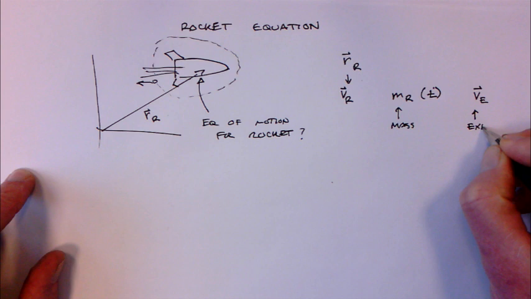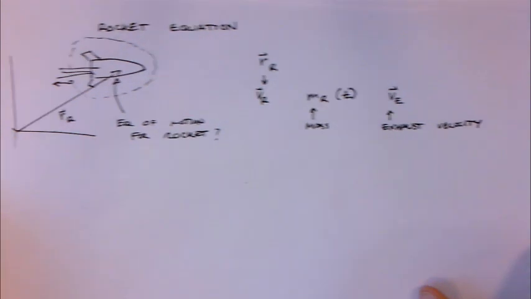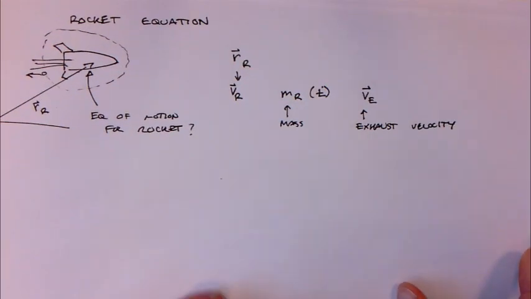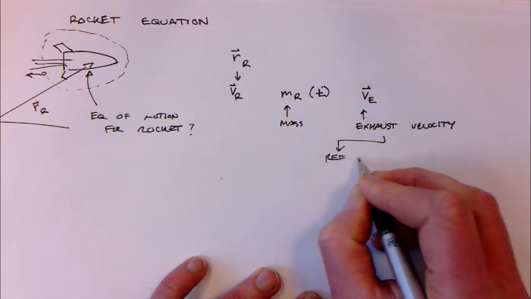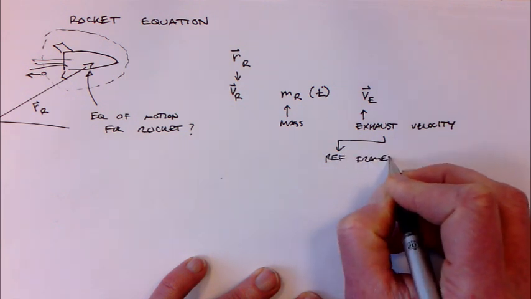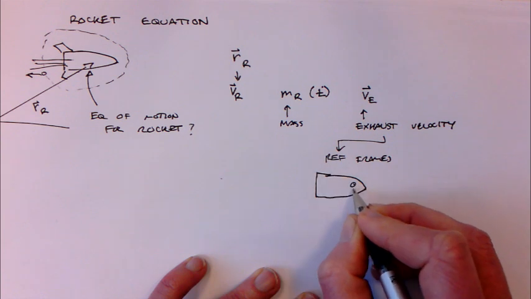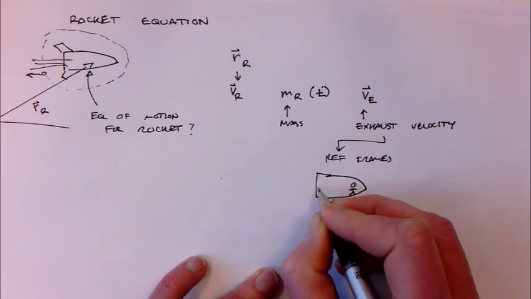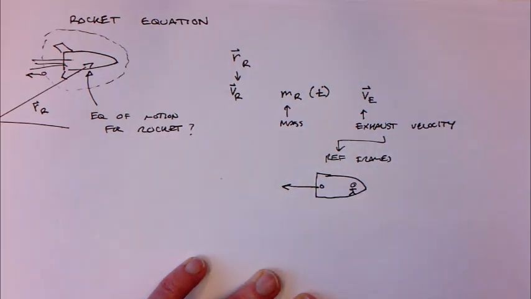I want to take a second to talk about what we mean by the exhaust velocity, because it's a bit of a confusing concept. It's mostly confusing because it requires that you think about reference frames. One reference frame we could think about is that of an observer sitting inside the rocket, looking at a little bit of exhaust flying out of the rocket.